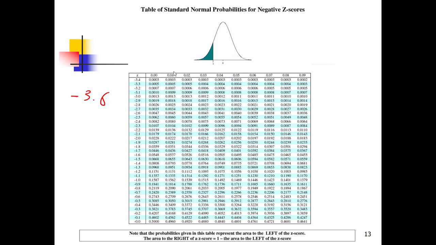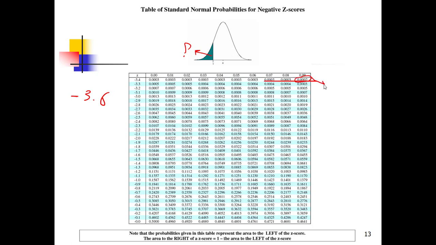We want to know what the area on the left of this z is. You see the lowest value that we have on the z table is minus 3.5, almost minus 3.4 plus 0.09. That gives you this much.